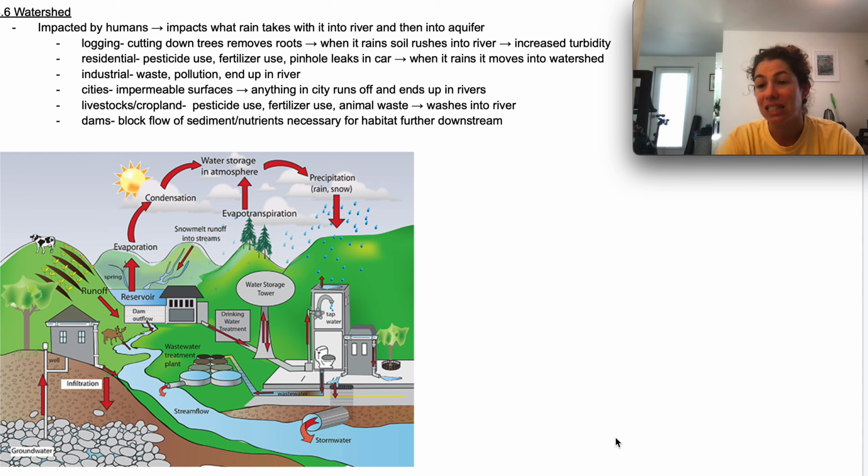All of that waste ends up in our waterways. And then dams, it's almost the opposite, but still with devastating effects. You're preventing the river from flowing, so you're blocking the flow of sediment, and the nutrients that are necessary downstream aren't getting there. You end up with greater levels of pollution and nutrients in one part of the stream and then nothing in the second part.